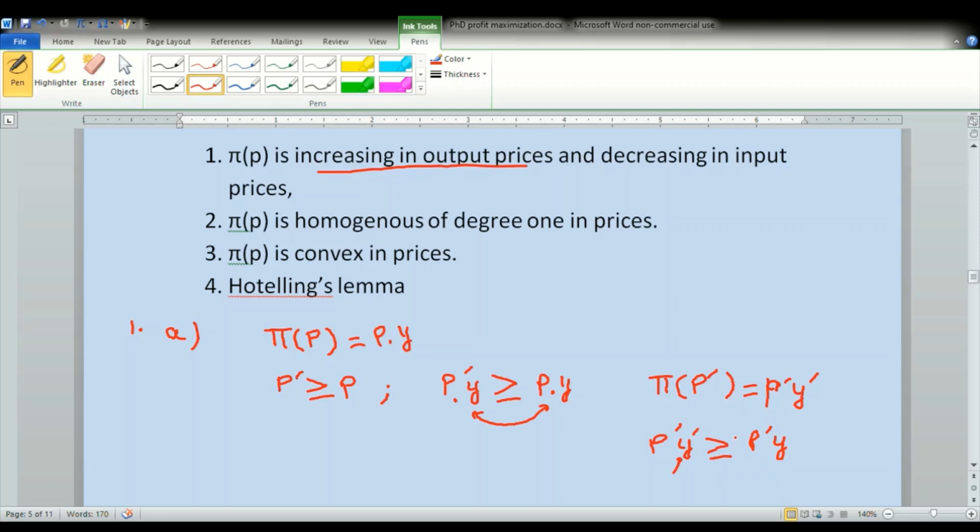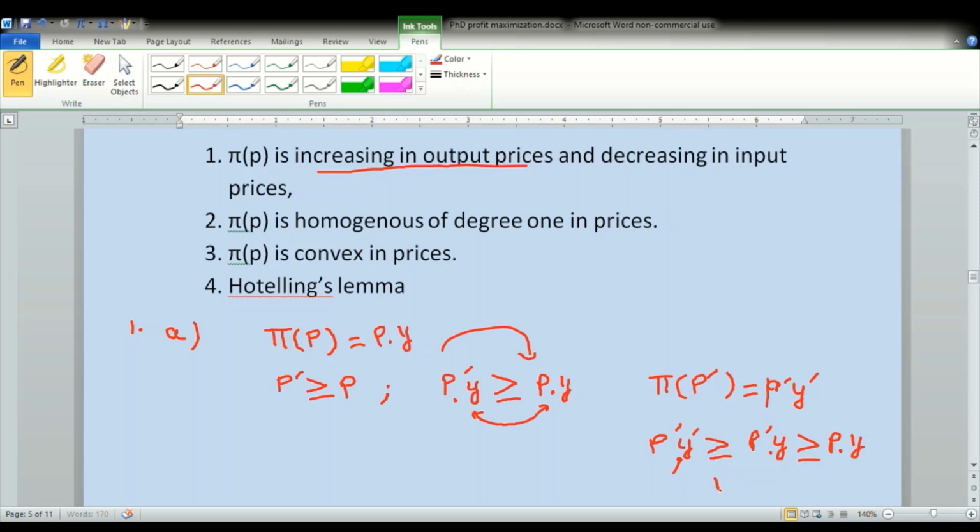But see that here we have P dash y greater than or equal to P y. So just to bring this down here, P y, don't forget this dot, remember this.